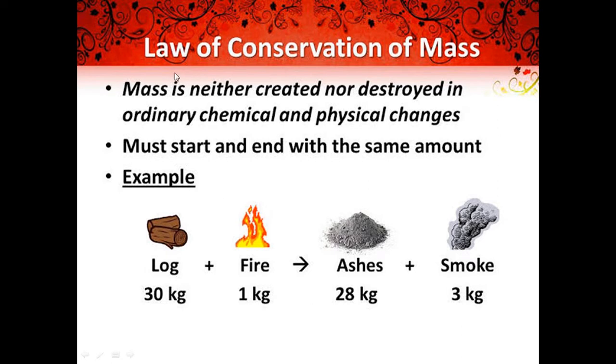So this is the law of conservation of mass, which states that mass is neither created nor destroyed in chemical or physical changes. So we must start and end with the same amount.